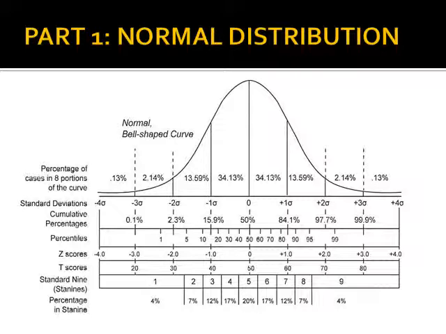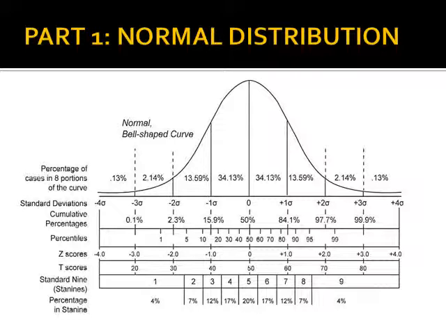Right in the middle of the normal distribution, if you look at the line that says standard deviations, you'll notice 0. 0 means the mean or the average. If you look at -1 standard deviations, between 0 and -1 standard deviations is 34.13% in that chunk.